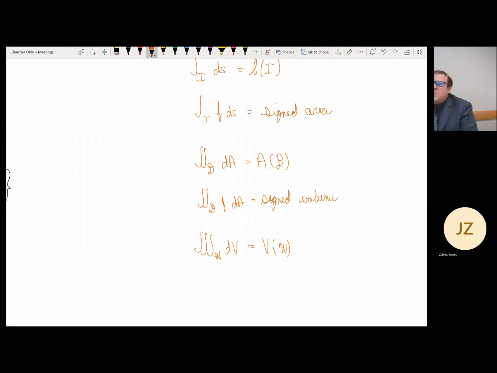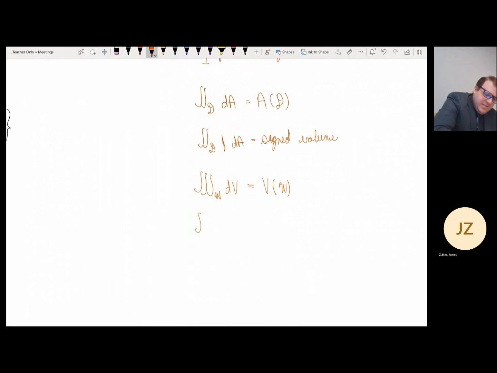The triple integral, so if you integrate over a three-dimensional region, it just gives you the volume. What if you integrate a function over a three-dimensional region?